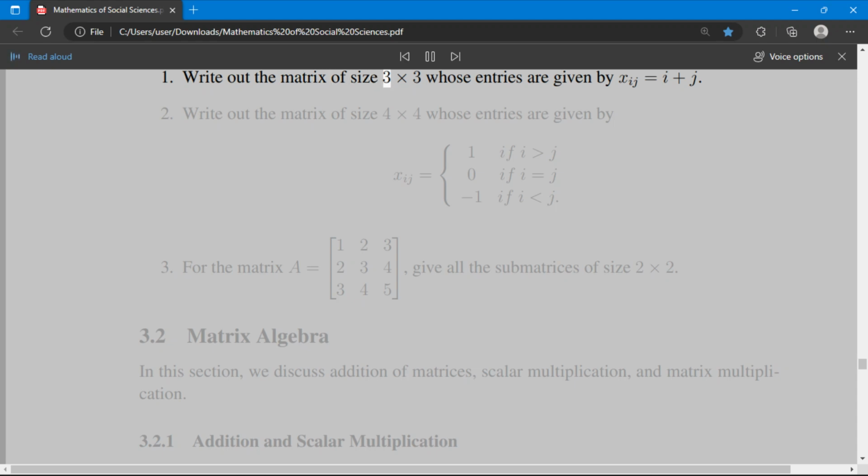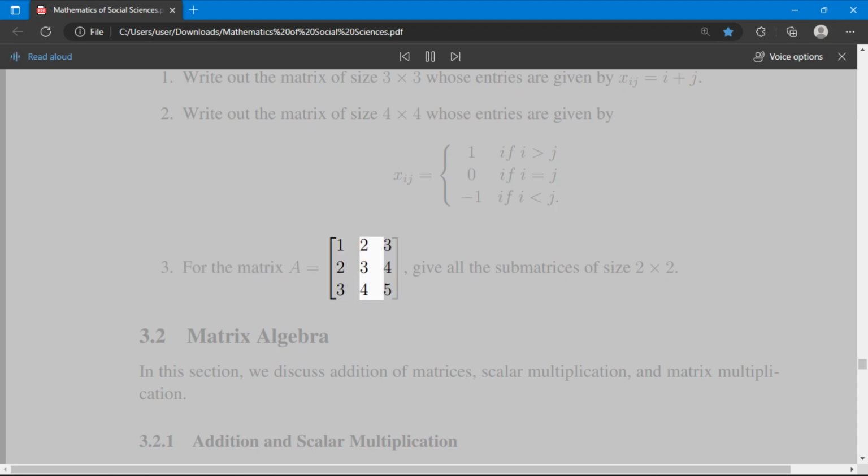Exercise 3.1. 1. Write out the matrix of size 3 times 3 whose entries are given by Zij equals i plus j. 2. Write out the matrix of size 4 times 4 whose entries are given by Zij equals 1 if i is not equal to j, 0 if i equals j. 3.